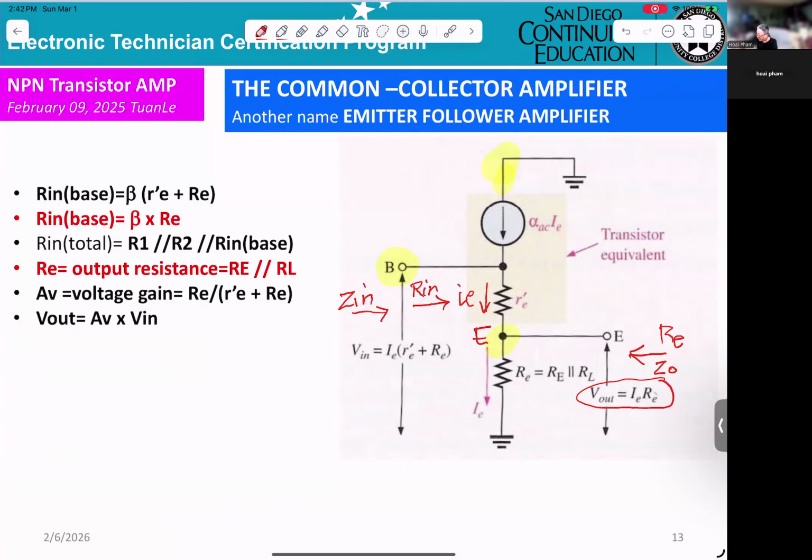AV voltage gain equals RE divided by R prime E plus R big E.